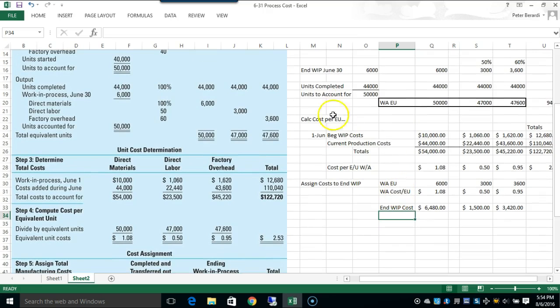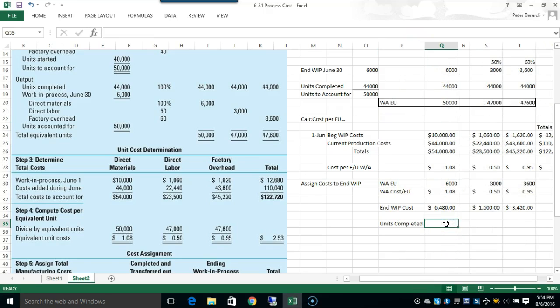Now we're going to take our units completed and do the same thing. Equals 44,000, which is the same for every column because it's 100%. Take the same weighted average cost per unit because it's weighted average.